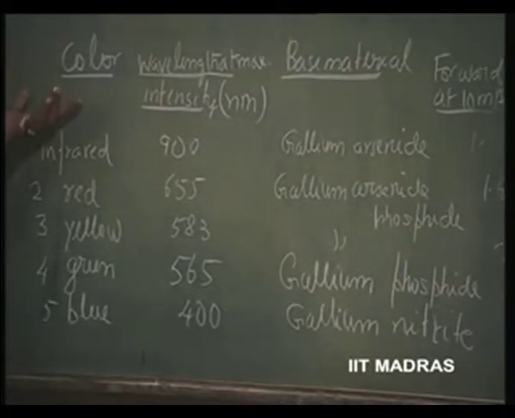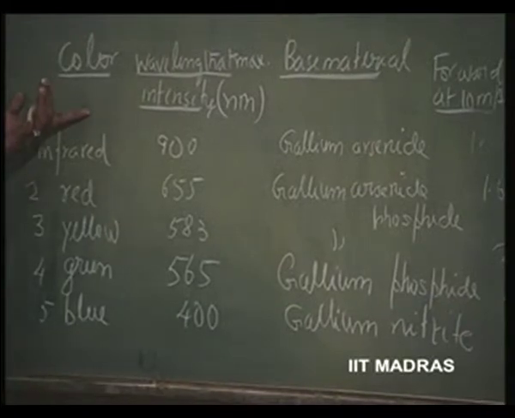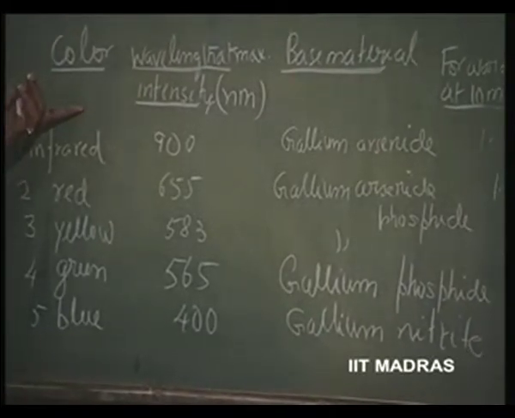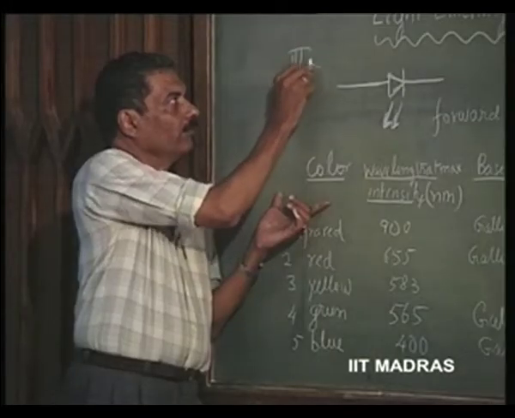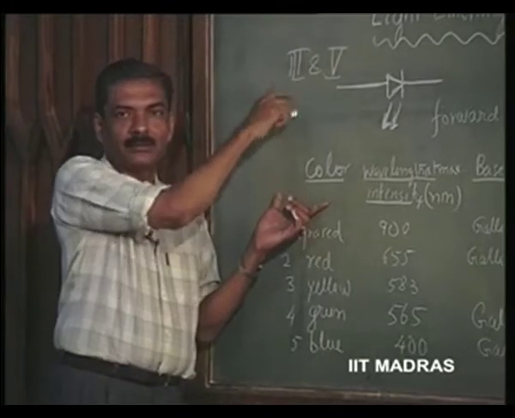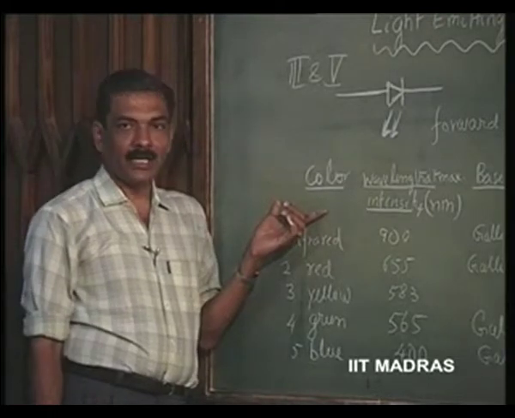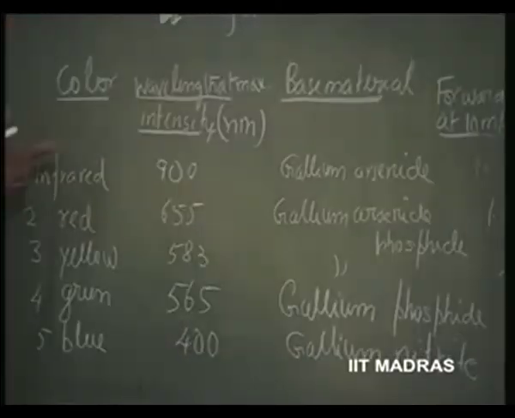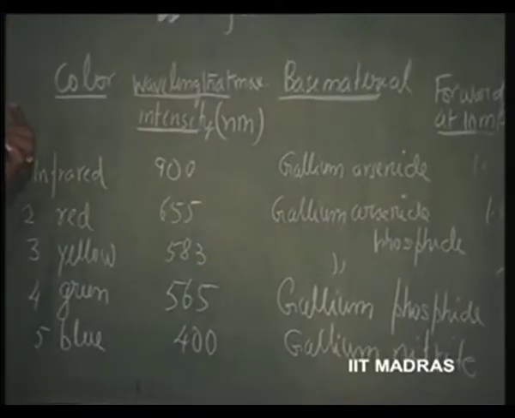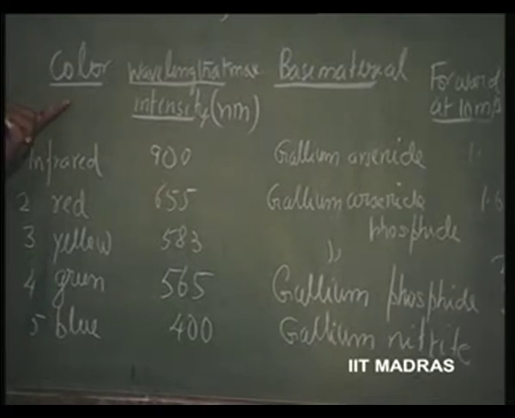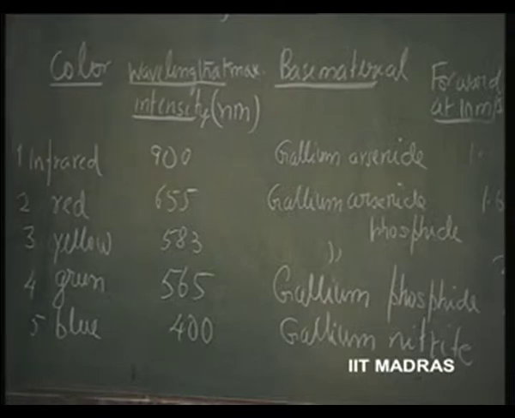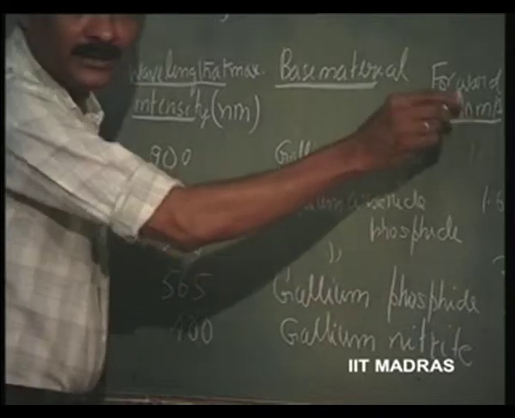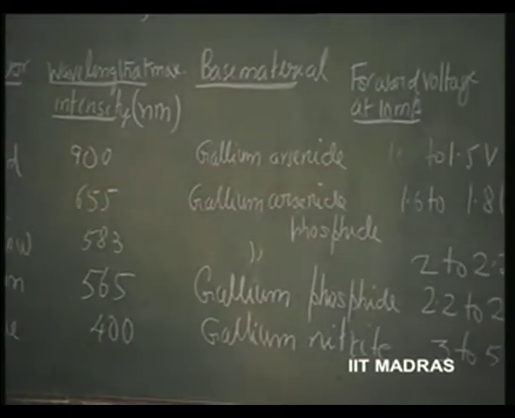When a p-n junction is formed using this 3,5 compound in the periodic table, silicon is group 4, this is 3,5, and when it is combined like this and a p-n junction diode is formed, then that behaves like an LED if sufficient forward current is applied, typically 10 milliamperes or so.